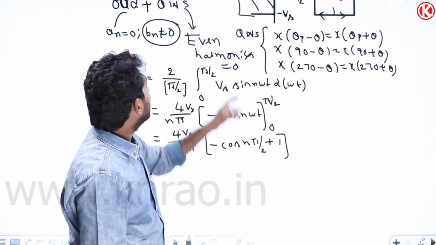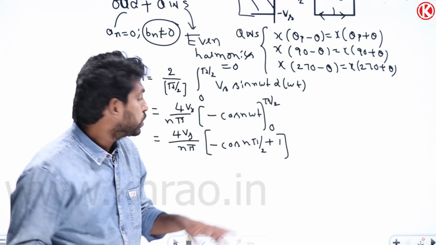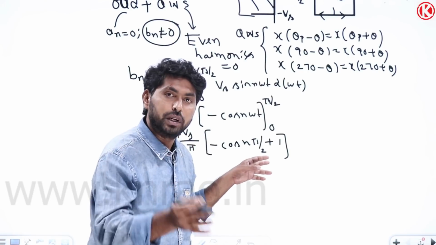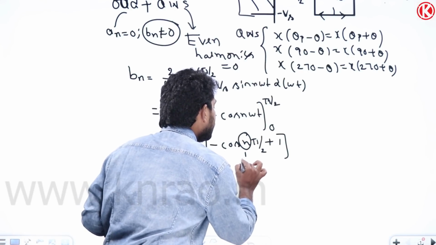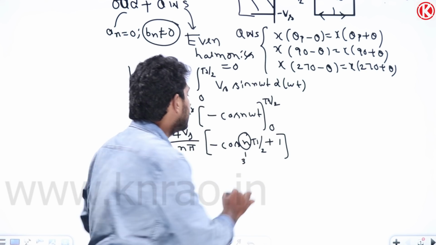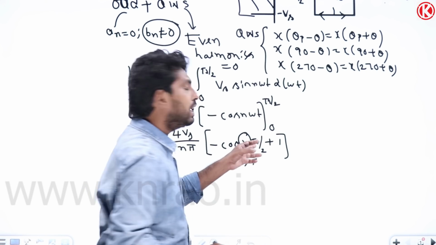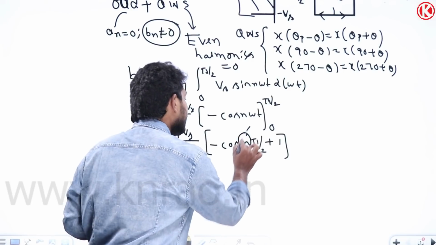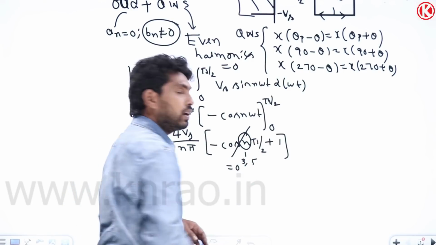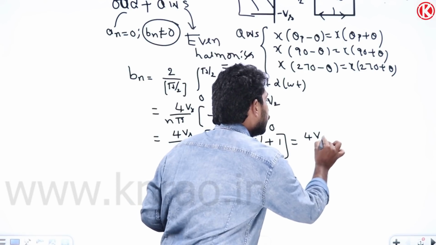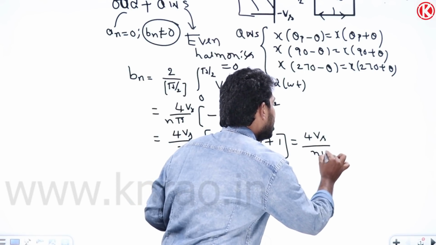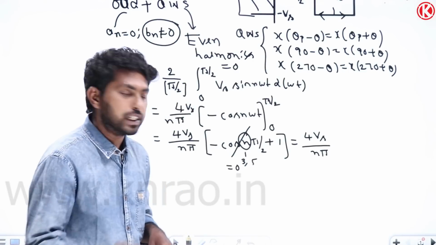Here even harmonics are 0, so the n values are odd numbers. If I substitute n equal to 3, 5 and so on, cos n pi by 2 is 0 here. So I get the expression 4 Vs by n pi. The bn value I got is 4 Vs by n pi.